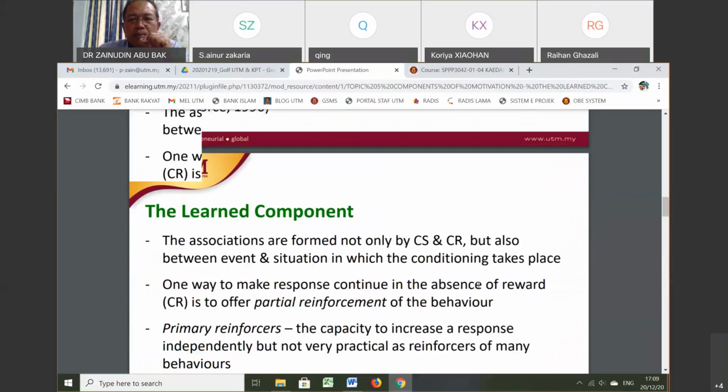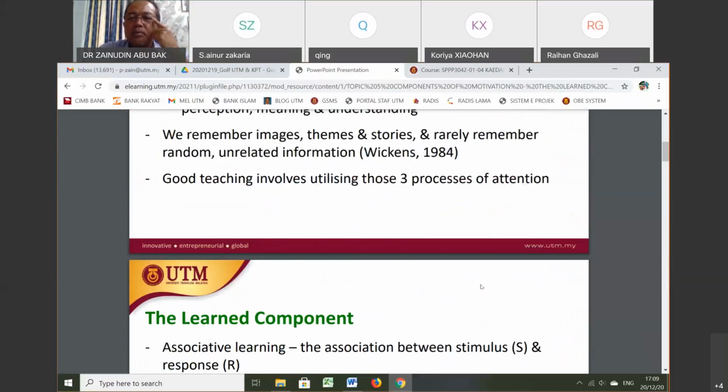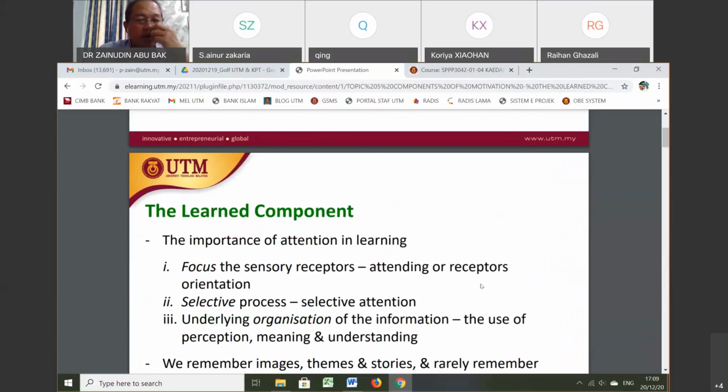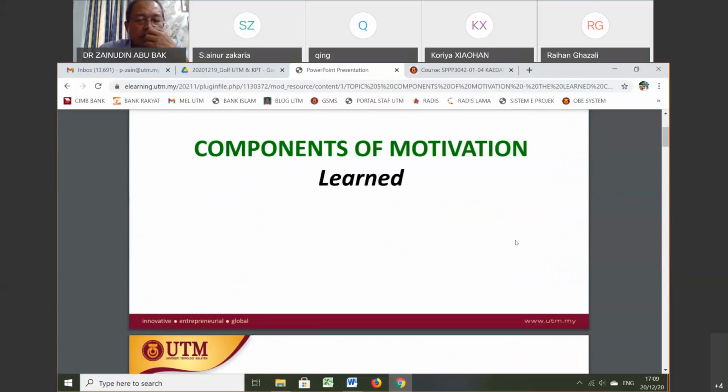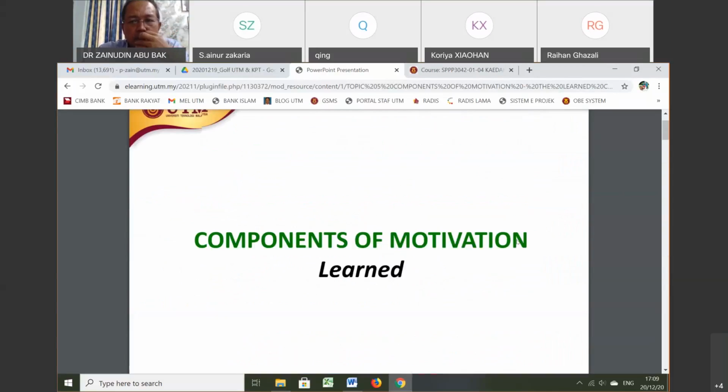Okay, now before we end, I would like to say a bit about the assignment. So how about the assignment? Any problems with the assignment? I think it's not that difficult, because the way we use the theory in explaining the motivational behavior of the children, the students, or the learners is quite the same as the way we do our personal reflection, right?